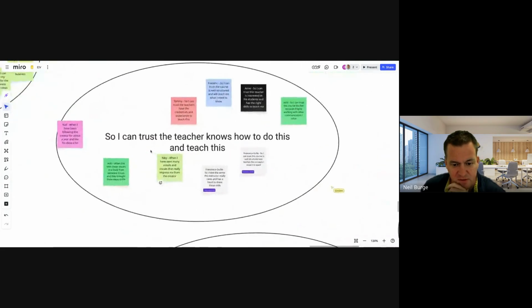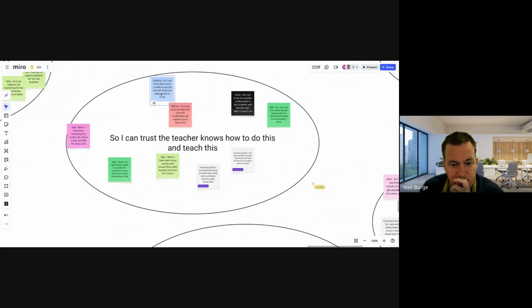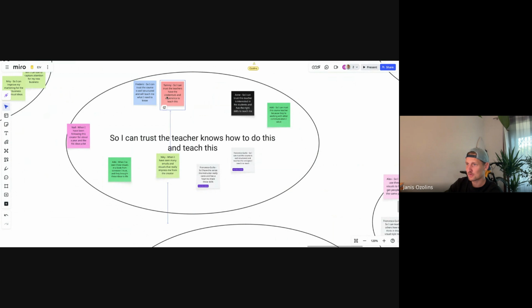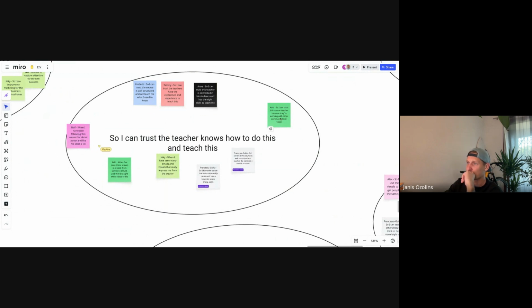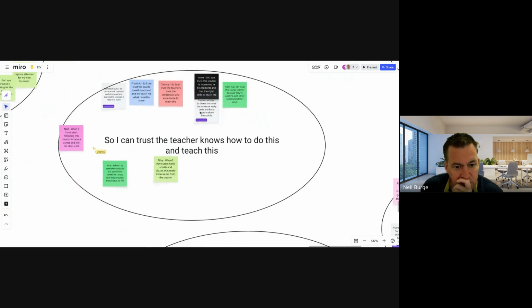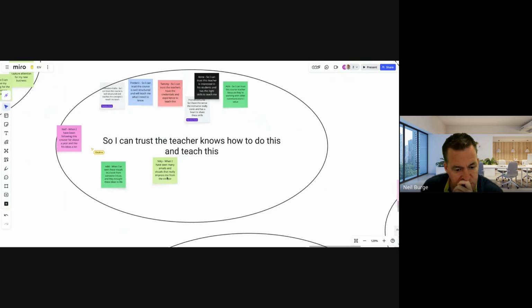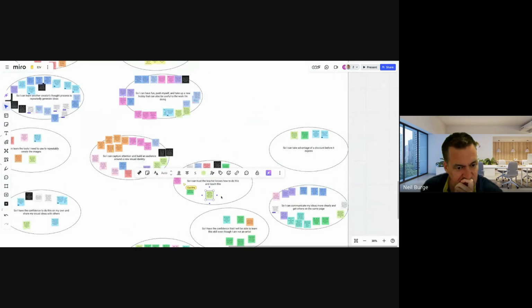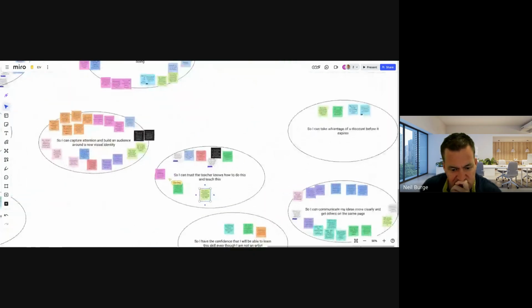Oh, hang on. We've done this trust the teacher ones. We haven't, have we? I don't think we have done that. Well structured. Care for the teacher. Is that? Maybe.